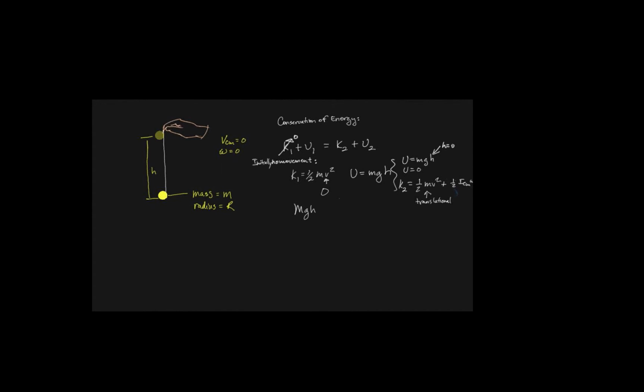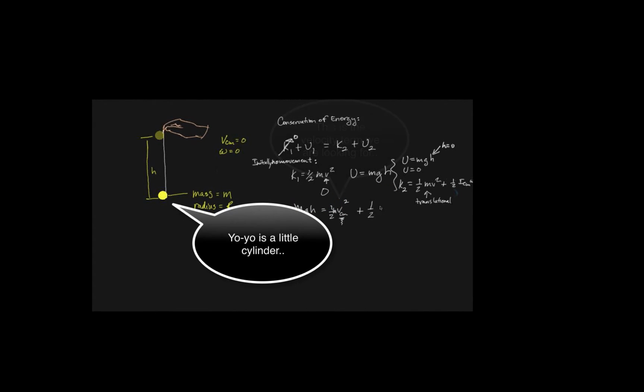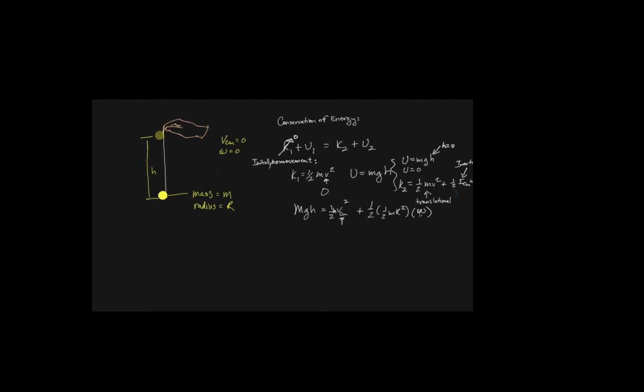All right. So if we're looking at that in this problem, we said these two equal to each other. This is what we're looking for. What is the inertia for a cylinder? 1/2 mass times radius squared. And then omega squared. Any questions so far?